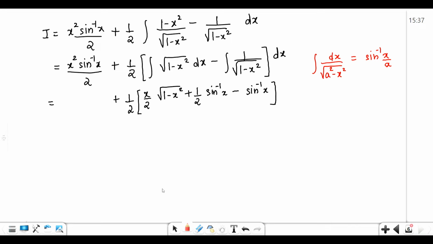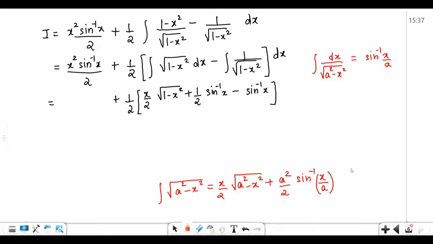And the other formula here is integration of square root of a square minus x square is equal to x by 2 square root of a square minus x square plus a square by 2 sine inverse x by a. This is the formula that we applied here. You can take a note of this. I'll just rub this out because I have to complete this sum now.